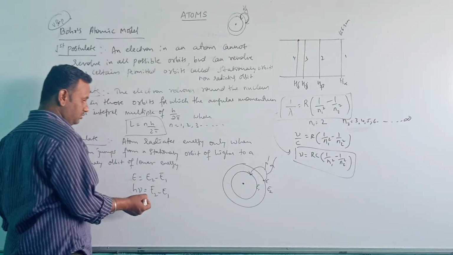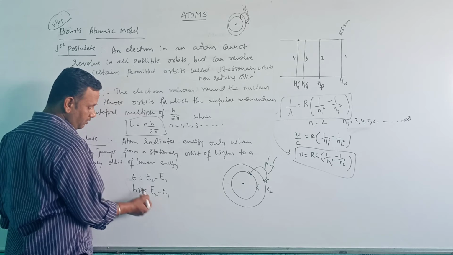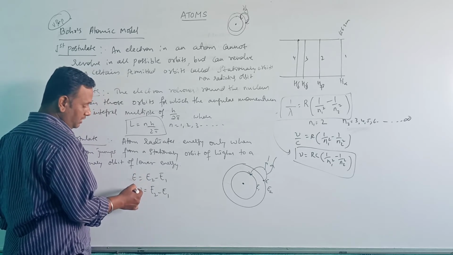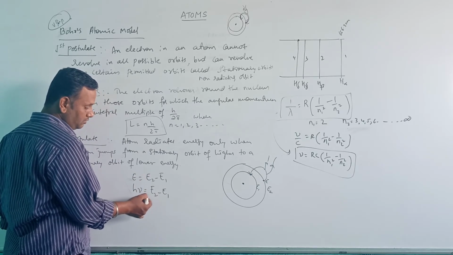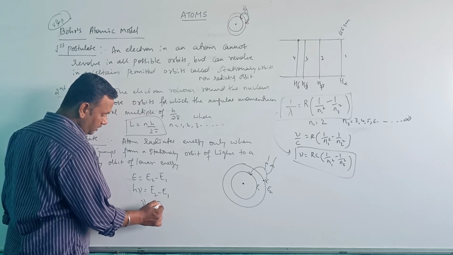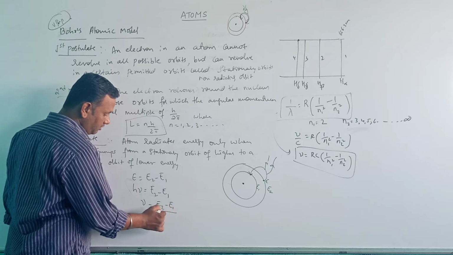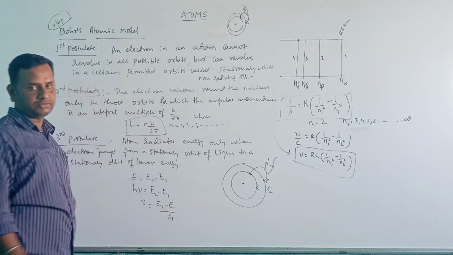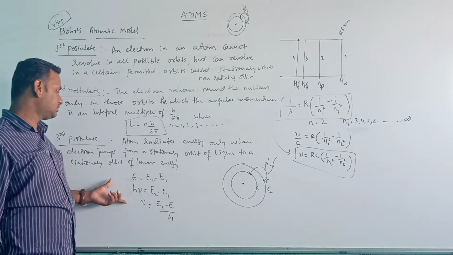So h nu is equal to E2 minus E1, or you can write nu is equal to E2 minus E1 divided by h. We should remember this.